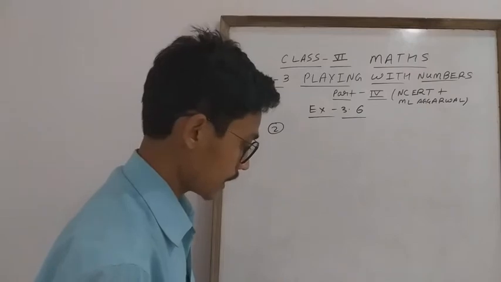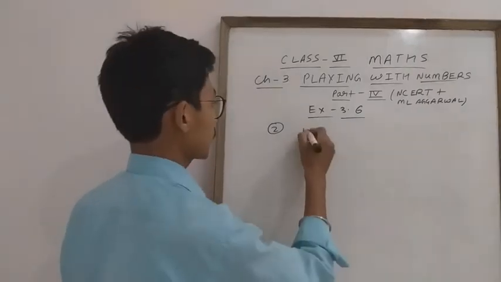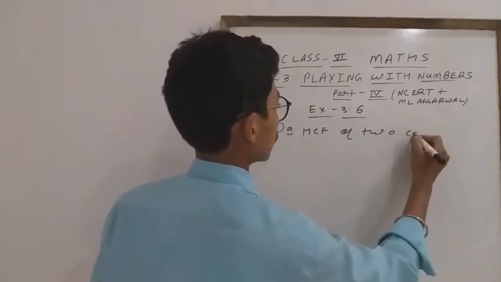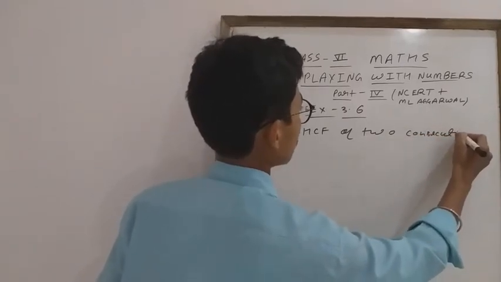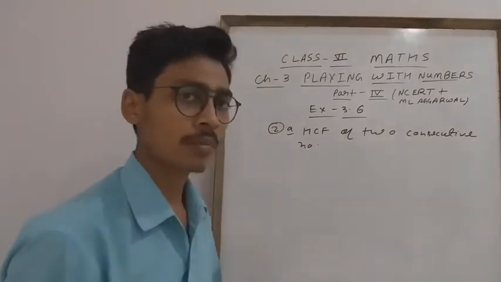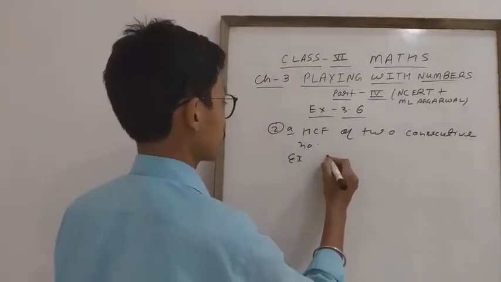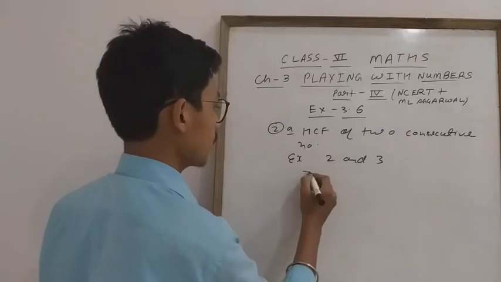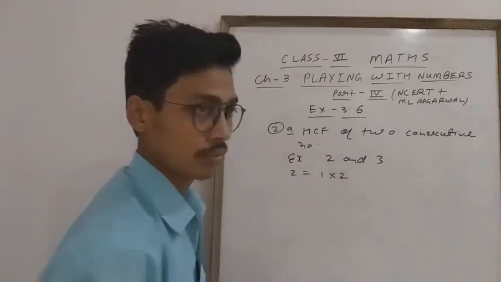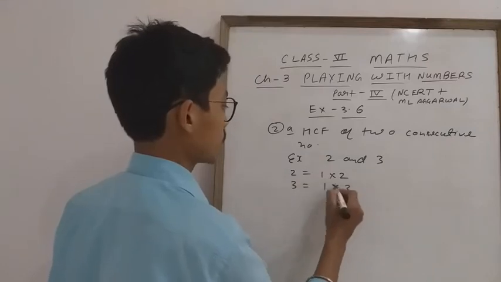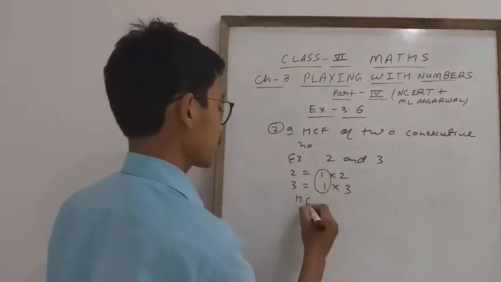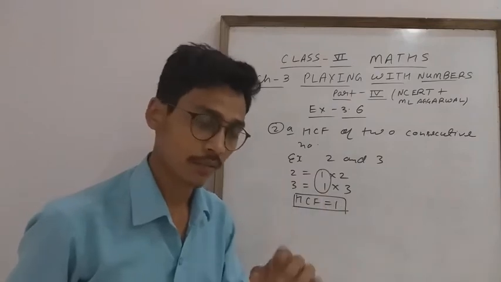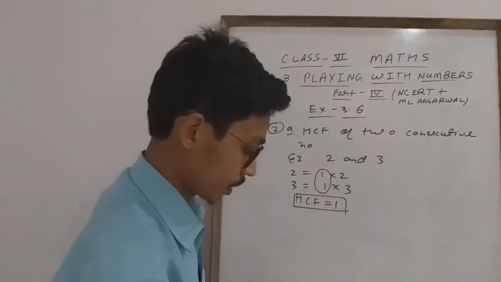It is given: what is the HCF of two consecutive numbers? Two consecutive numbers means any numbers, for example 2 and 3. I want to know the HCF. You can write 2 as 1 into 2, and 3 as 1 into 3. So the common factor is 1, HCF equals 1. Clear, students? It means the HCF of two consecutive numbers is always 1. Similarly you will do even numbers and odd numbers. Clear? So this is done.